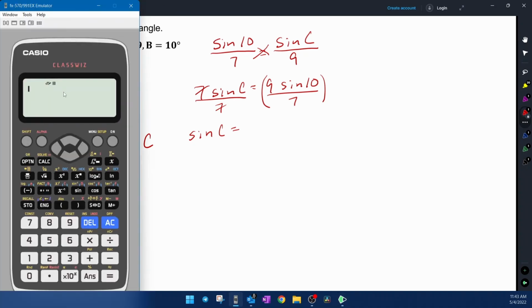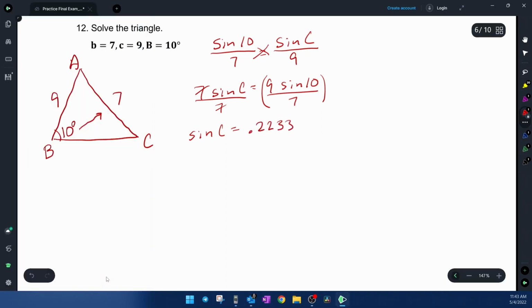And making sure we are in degree mode, which we are, using our fraction button, we're going to have 9 sine of 10 divided by 7. And to keep our angle as accurate as possible, we want to round that to 4 decimal places. So 0.2233 rounded.